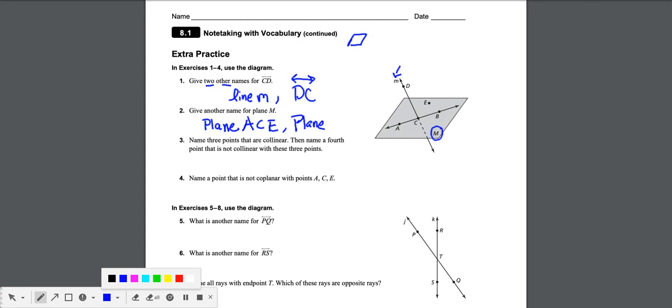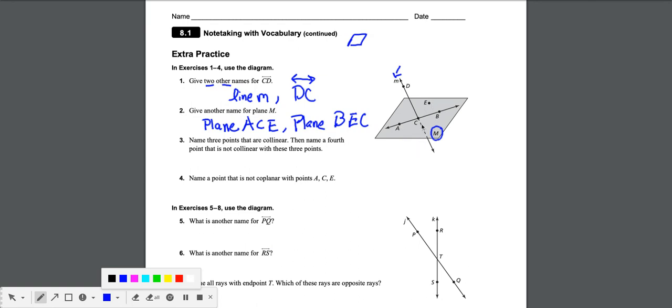They're just not collinear. All right, and so right here we have B, E, and C could also work. And you could put them in any order, it doesn't matter, C, E, B, whatever. So I'm just going to go B, E, and then C. You could do B, E, and A. You could do C, B, and E, or you could reorder them in a lot of different combinations.